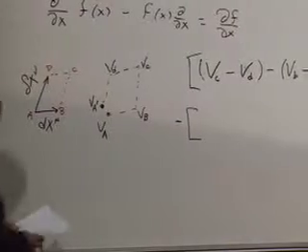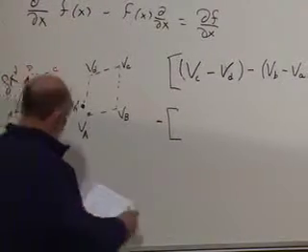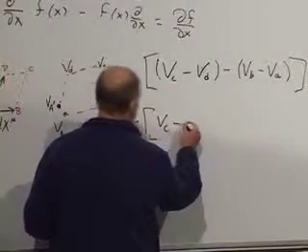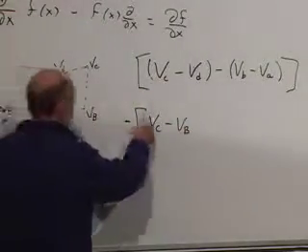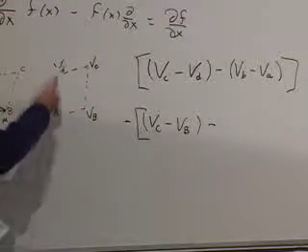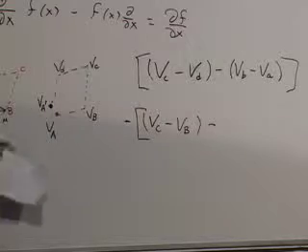So let's see, what am I saying? I'm going to subtract vc minus vb, and then from that subtract the same kind of thing over at this end, except vd minus va prime.